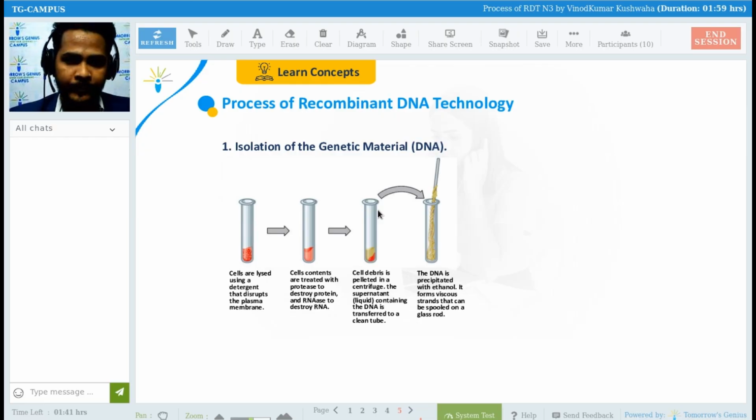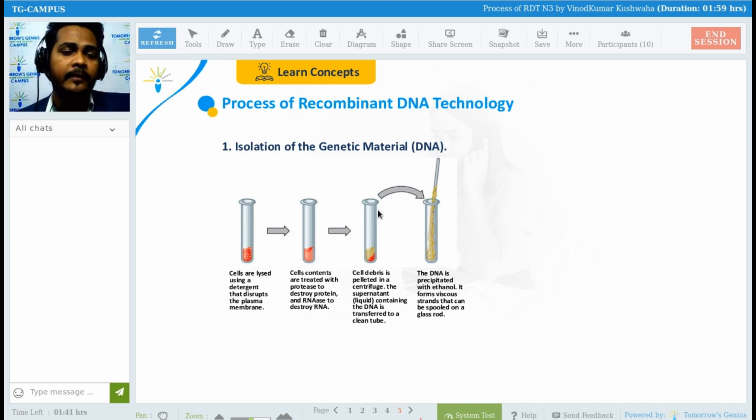DNA is a nucleic acid. Yes, nucleic acids like DNA and RNA are the genetic material of all organisms, whether multicellular or unicellular. All types of organisms have their nucleic acid, either DNA or RNA. In viruses it is RNA, right?